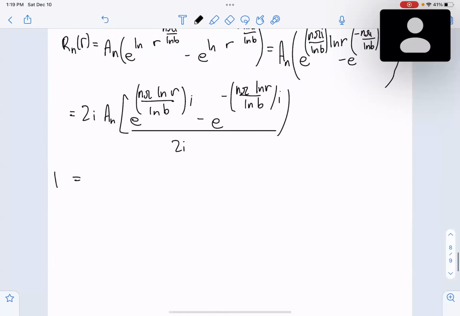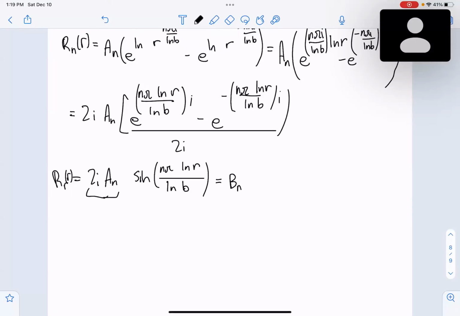So then we actually just have that Rn of r is equal to 2i an sine of n pi ln r over ln b. Again, not the most pretty formulation here, but it's the only way this problem can be solved. So we end up with this, and then we can just rewrite this 2i an as bn.